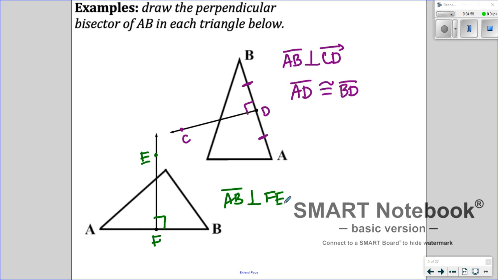I'm going to make that the ray EF. And that means these two segments, AF, is going to be congruent to BF. So that's all you do with a perpendicular bisector. You start at the midpoint of a line, you go straight up, and then you create two congruent segments, and the two lines, that perpendicular bisector and the line that you started off from, will be perpendicular.